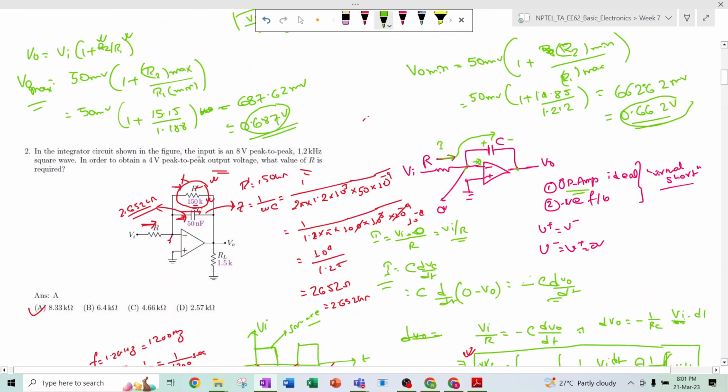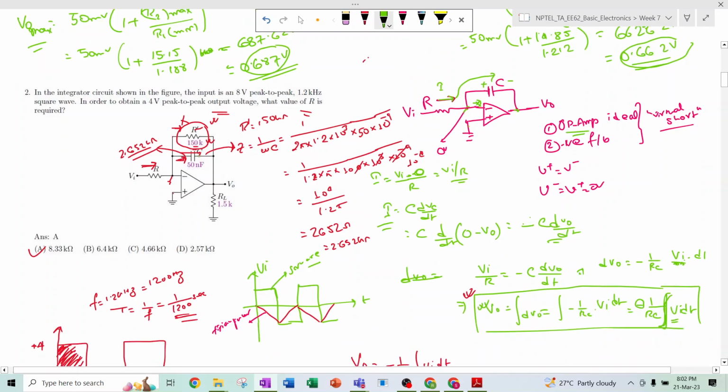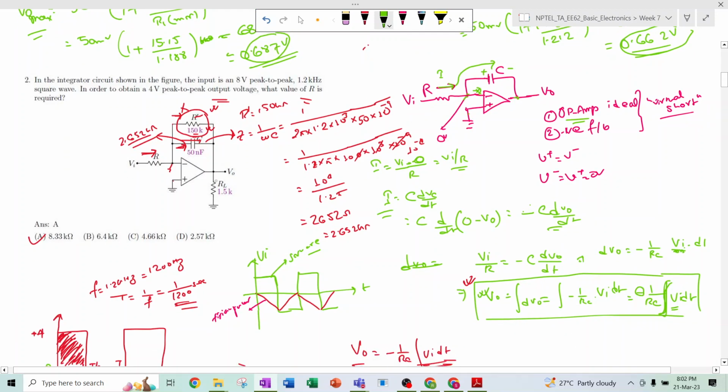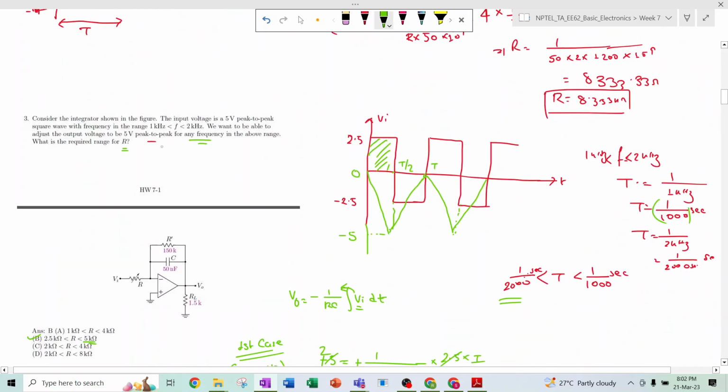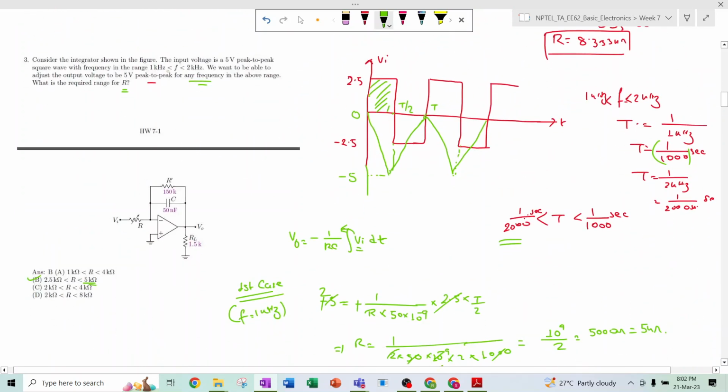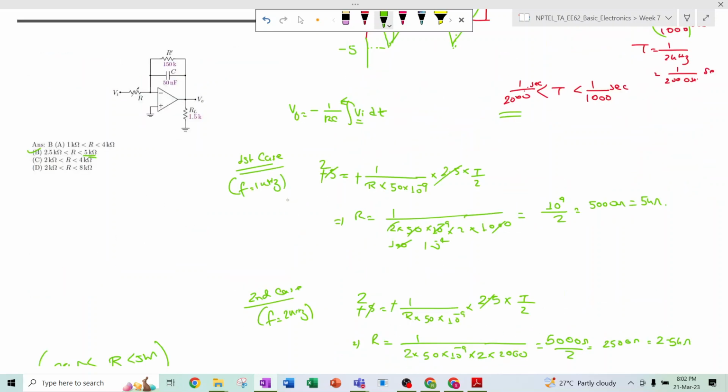Then I discussed the integrator circuit, how it works, and how we can find out for a particular frequency range. In the next problem I discussed with a variable frequency range how the value of resistance we can maintain so that the output peak to peak voltage remains constant.